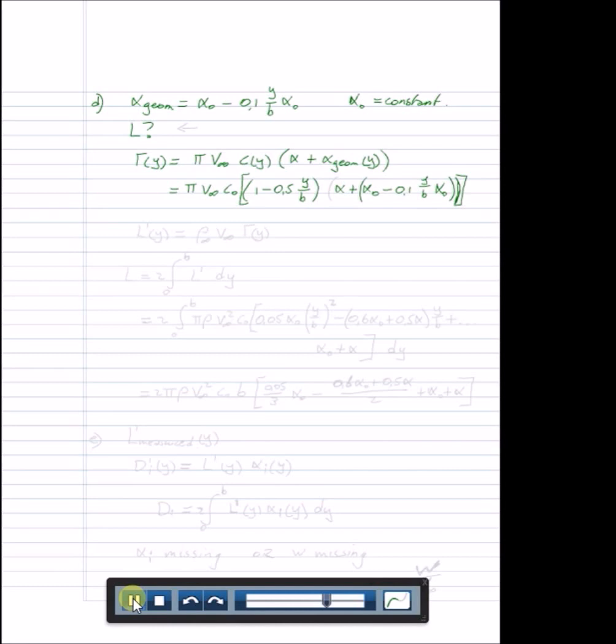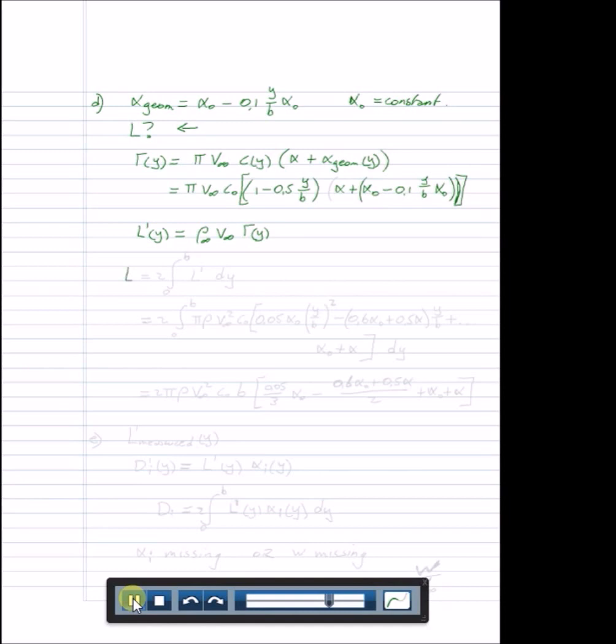Now, once we've got the circulation, we've got ourselves the lift as well. So we've got the lift per unit span, which is a function of y, of course, will be equal to rho infinity, v infinity, Kutta-Joukowski theorem again, times the circulation. We've got an expression for the circulation, so we can evaluate it. We know that the total lift, which we're interested in, the total lift on the entire wing, can be found by integrating the lift per unit span, so the L prime.